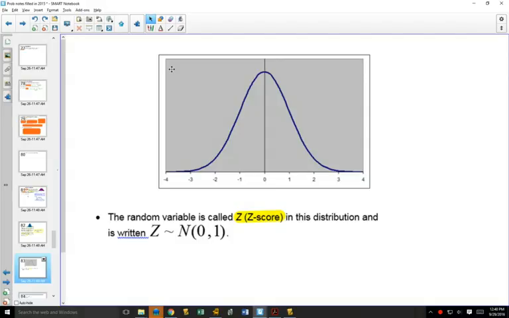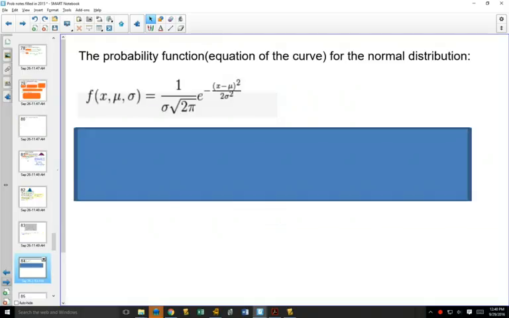This next little part isn't in your notes, and you won't have to know this, but it's just for interest's sake. If you wanted to find an equation for that curve, you can look it up, but it's quite simple. It just happens to have e and pi and square roots and powers in it. Whoa.